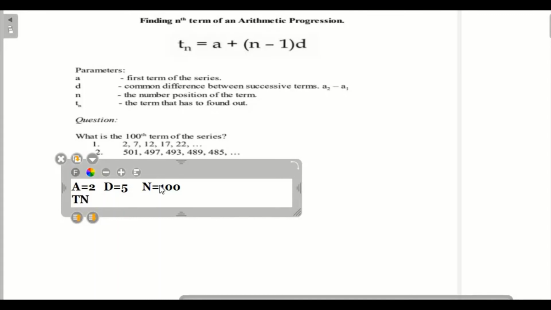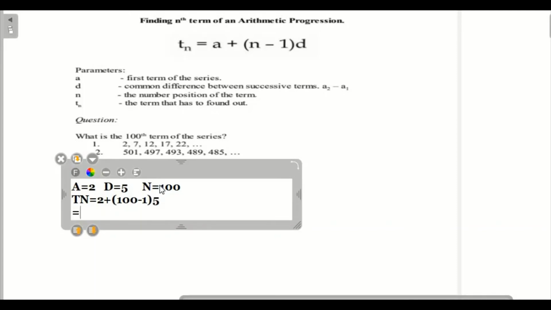Tn equal to a, the value of a is 2, plus the value of n is 100 minus 1, and the number given is d equal to 5.